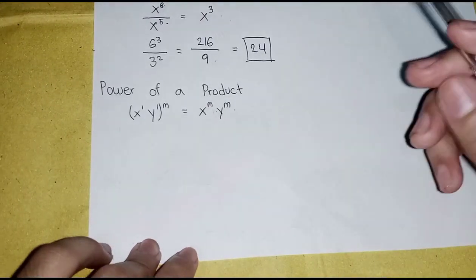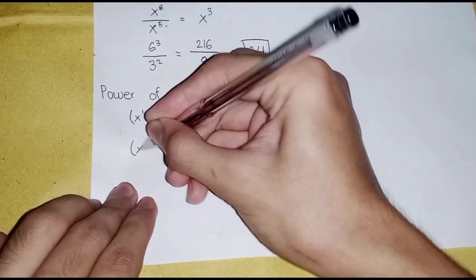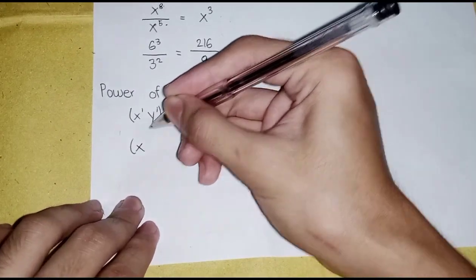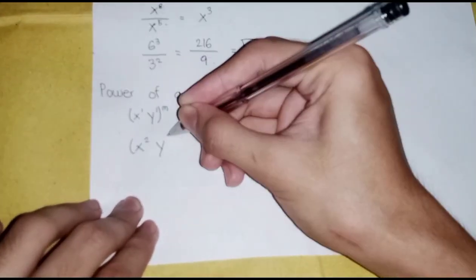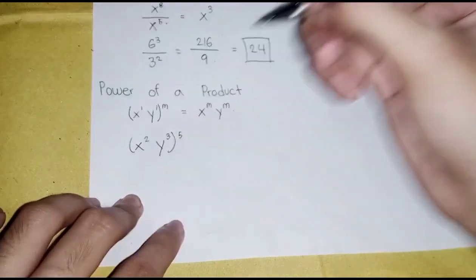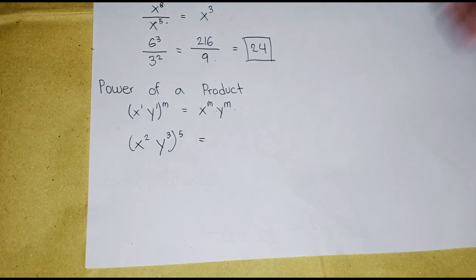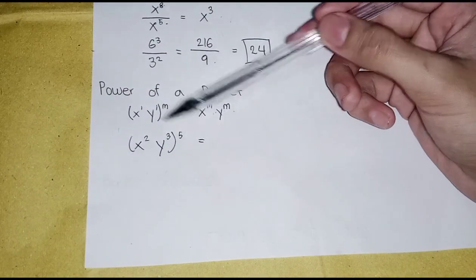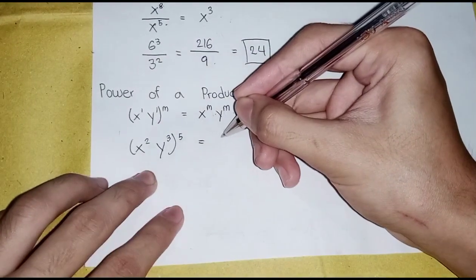So, example tayo ng x raised to 2 and y raised to 3, quantity raised to 5. Imumultiply natin ang exponent nila, 2 times 5, that is 10.